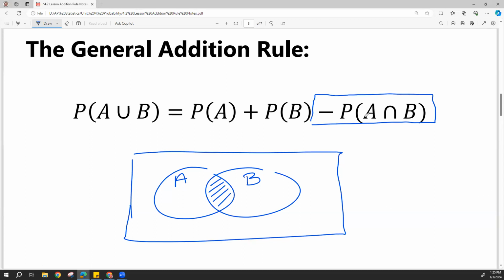And because of that, when we add these probabilities together, we are going to be adding some of the things twice because they're both events. And so we subtract away this overlap. This overlap is this part, this place where you are in A and B.